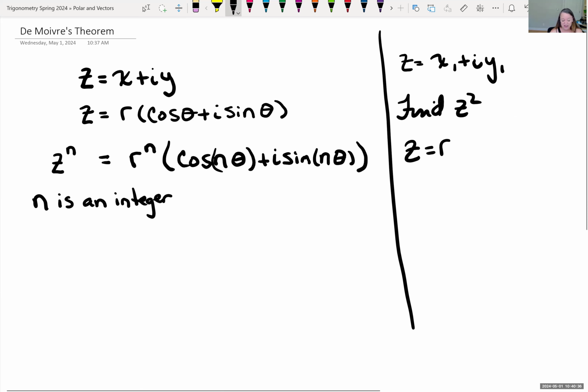That's just cosine theta plus i sine theta. So doing this might be where it might be helpful to write it in that shorthand. So this would be r cis theta. And if I wanted z squared, well, this is r cis theta, technically, times r cis theta.